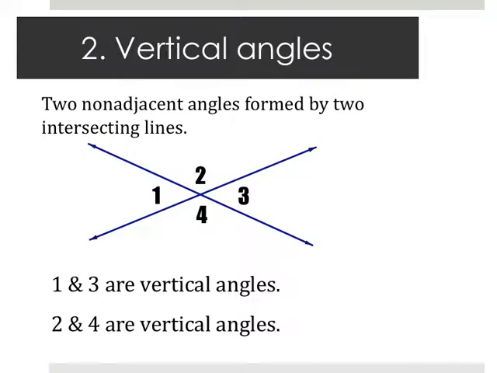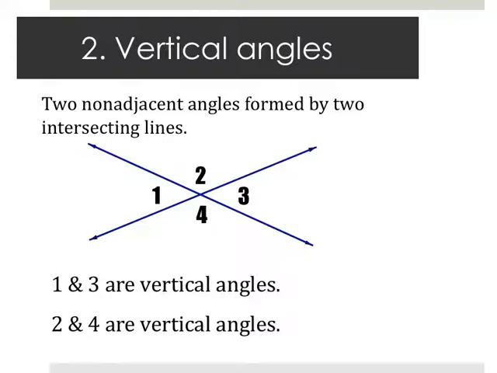Number 2, vertical angles. So I think at some point yesterday, this idea came up when we were trying to define an angle. What if we just cross 2 lines? Well, I did that for this scenario. When you cross 2 lines like that, it generates 4 angles. It'll always generate 4 angles. I've labeled those 4 angles as 1, 2, 3, and 4.